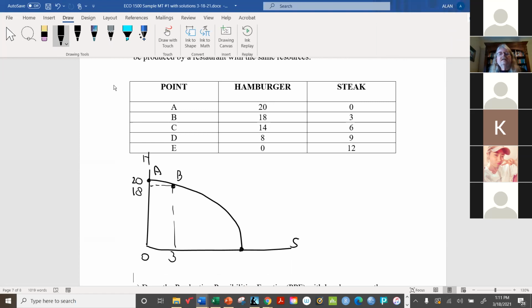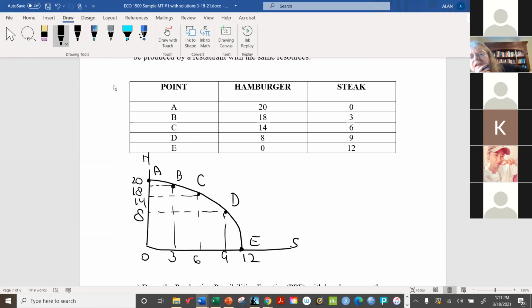C would be, okay, D, right about here, I suppose. And you can see it's not perfect, not even close. And then E means you just have all steaks. This is E. All right, well, it's not the best, but it's not the worst either.